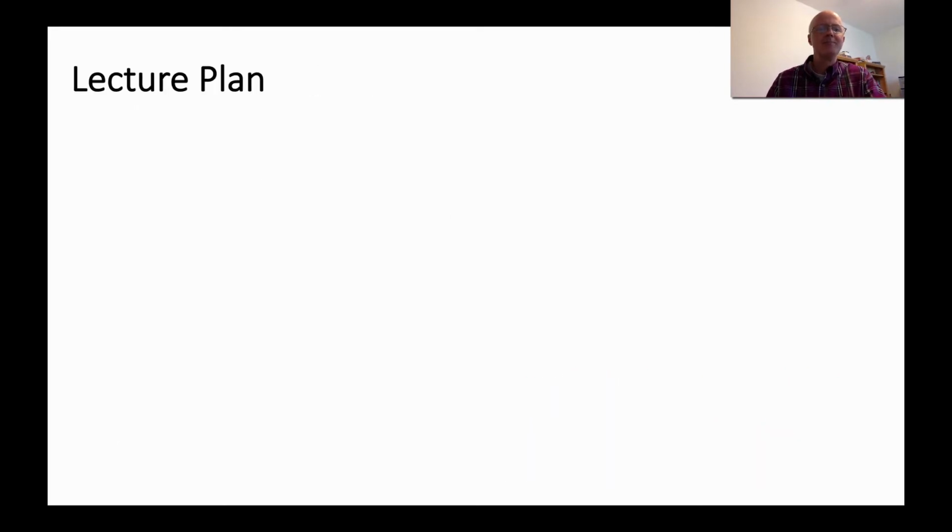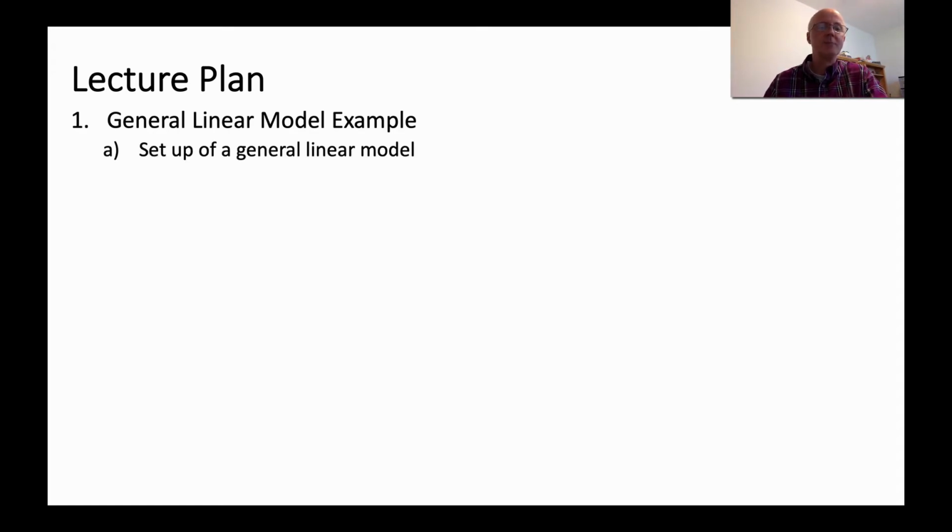Here's the lecture plan. Again, two parts. The first part is this general linear model example. We'll talk about the setup of the linear model, and once again, I generate the example with Mathematica, and I'll show you the code. It's pretty similar to what I've shown you already. We'll jump pretty quickly to the design matrix. We won't try to rederive it, but jump to it quickly. From there, jump pretty quickly to the normal equations.